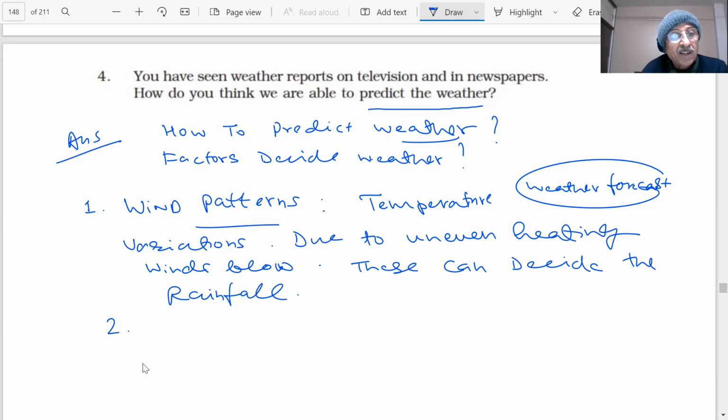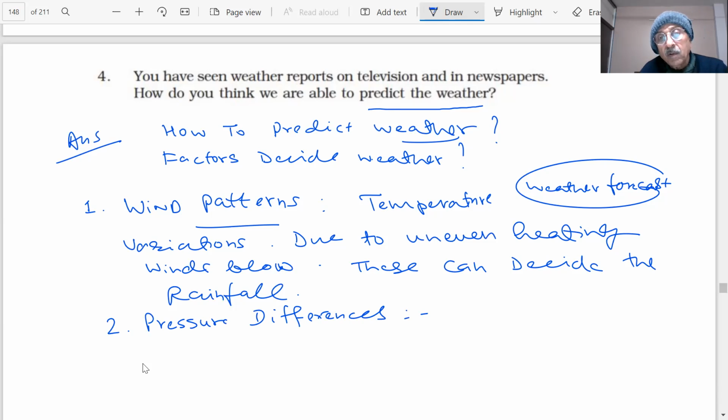What else is there? When we talk of pressure differences, what pressure? What happens? Certain areas have high pressure, certain areas have low pressure.